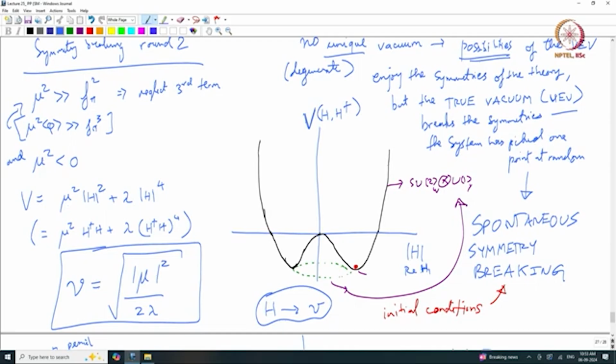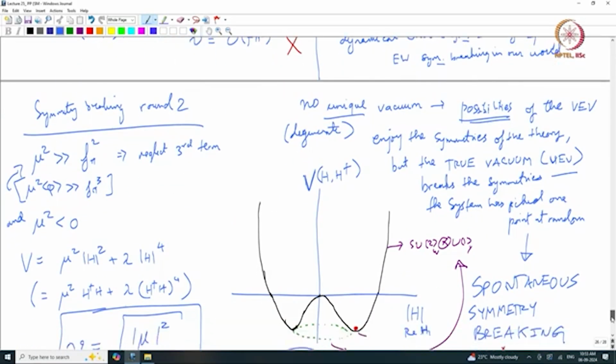If that were the case, the potential would look like this, so that you know it's a downward facing parabola at the origin, and clearly there is a minimum that you can calculate, and we saw that it's called spontaneous symmetry breaking because there is a set of degenerate vacua or degenerate minima.